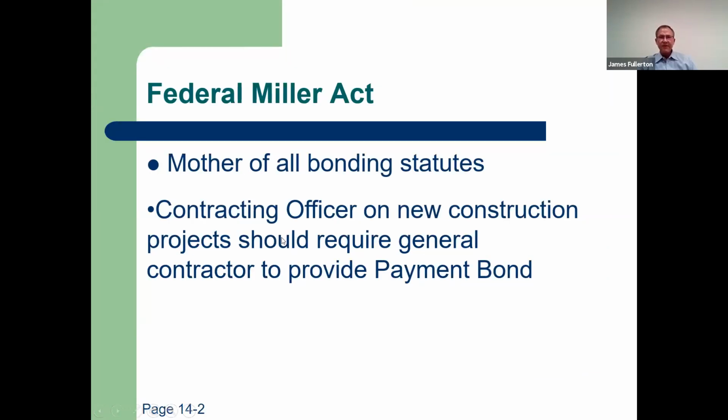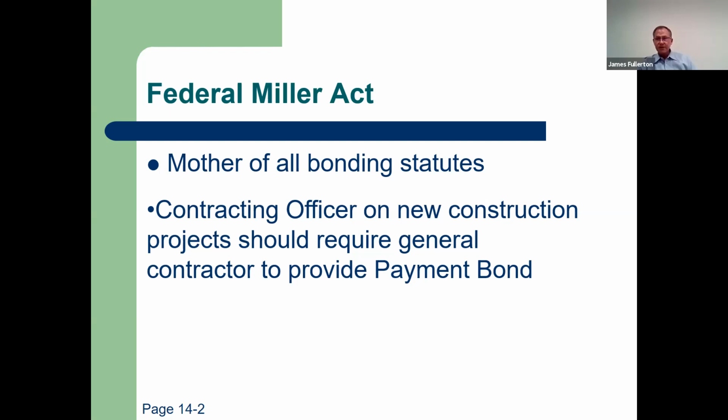But if the contracting officer fails to do their job and fails to require the payment bond, that's your problem as a claimant. You have no cause of action against the government for failing to do their job. That brings us back to sovereign immunity.